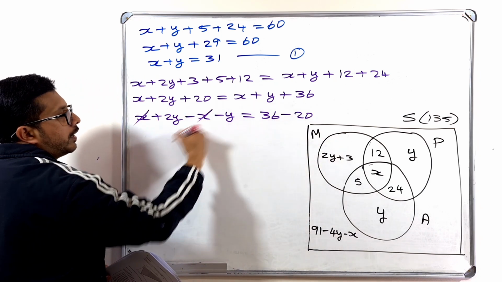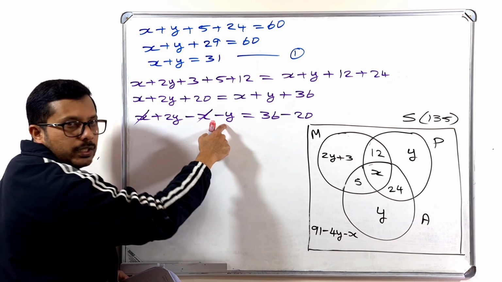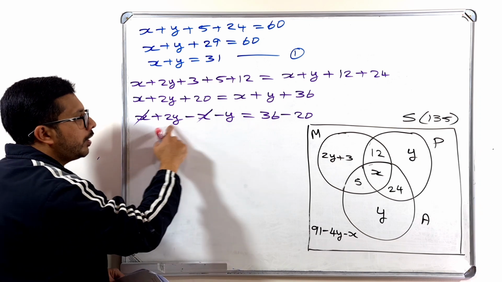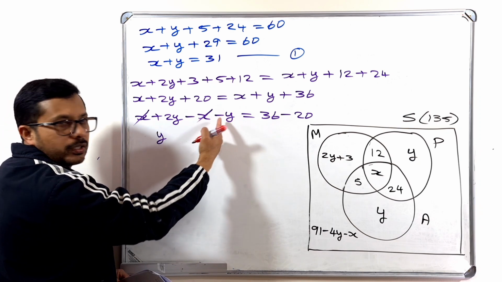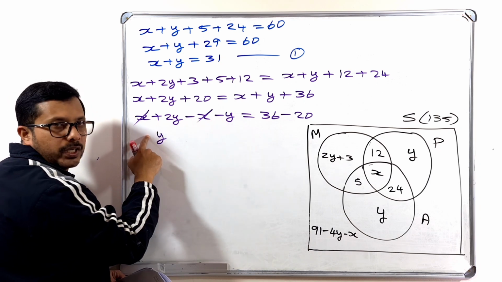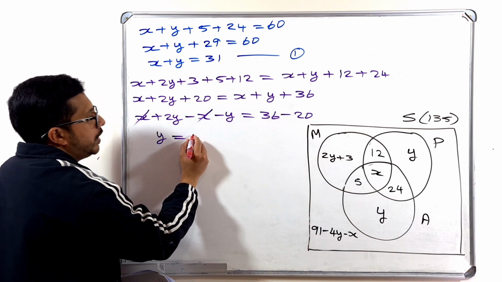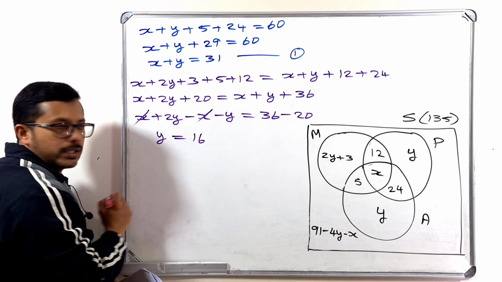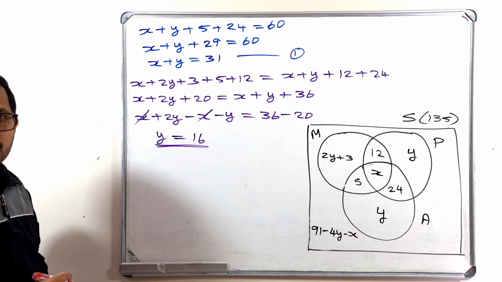The x and minus x cancel, so what remains is 2y minus y, which is y. So y is equal to 36 minus 20, which is 16. So the value of y is 16.